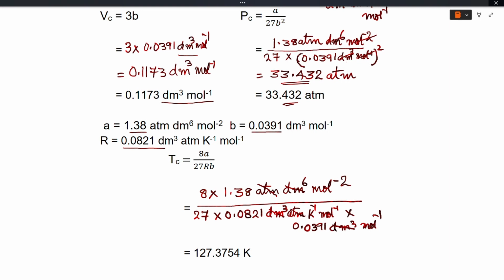Now, here we have mole raised to minus 1 and here one more mole raised to minus 1, together it makes mole raised to minus 2, so I can cancel this with these two. And finally, what remains is Kelvin inverse. When I take it to the numerator, it becomes Kelvin, and solving, you will get the answer as 127.3754 Kelvin, and that is the value of Tc.